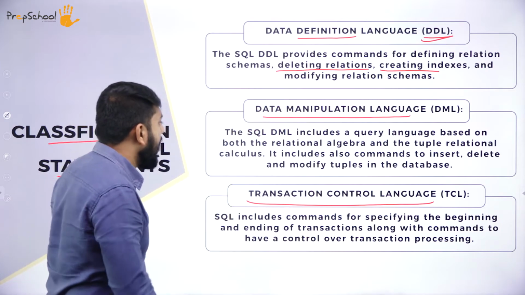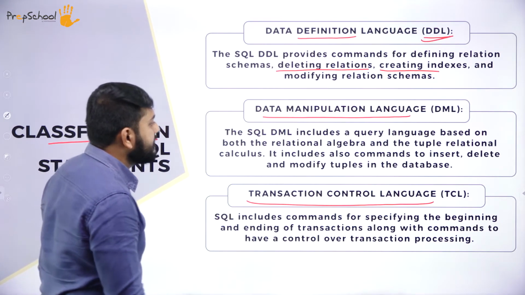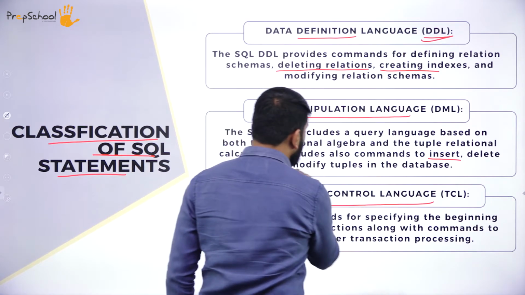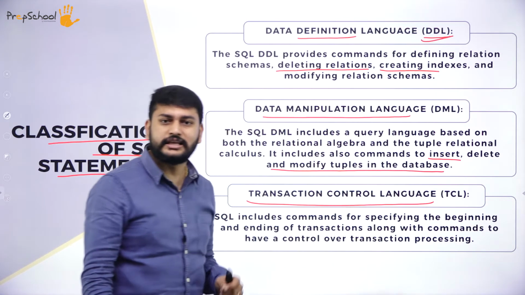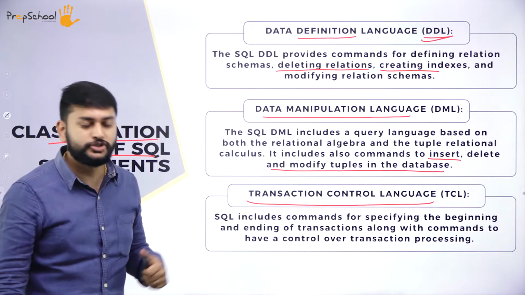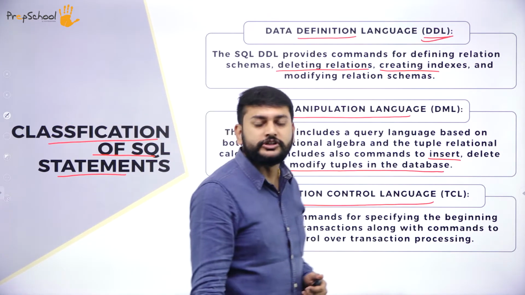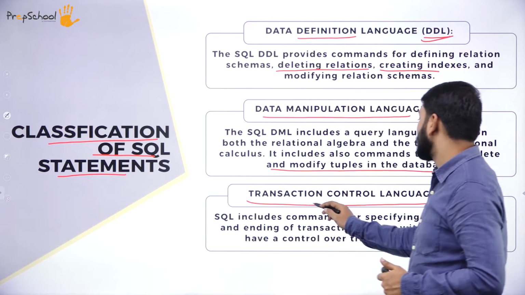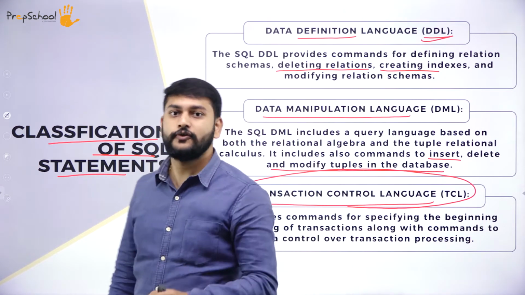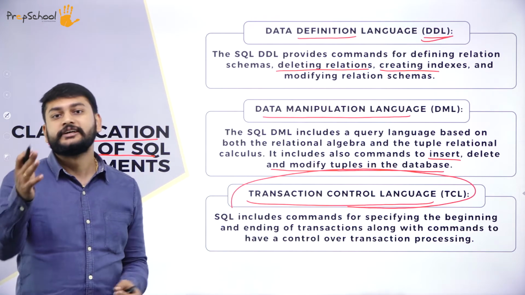Insert, delete, modify the tuples: all these things will come under the category of data manipulation language. And anything I do with respect to the transaction will come under the category of TCL. So that is transaction control language, is what you have to remember.